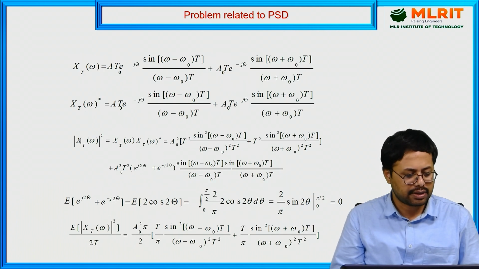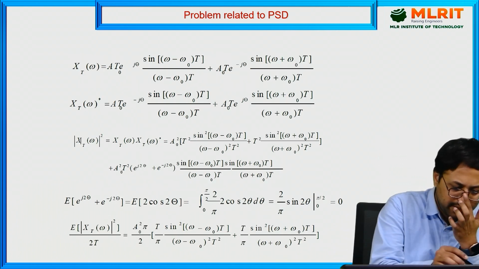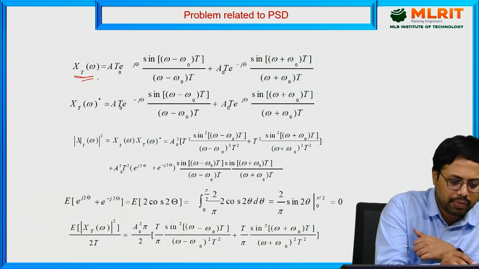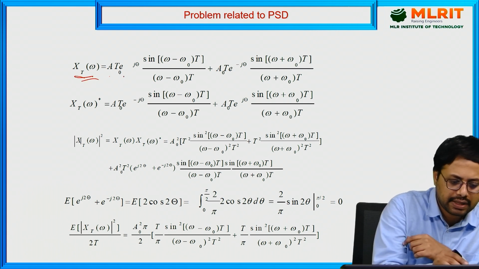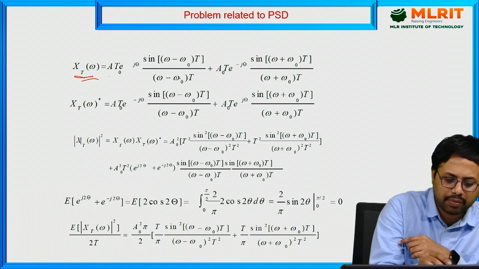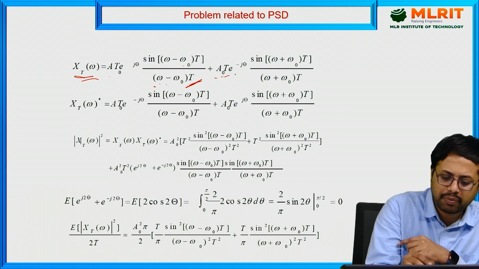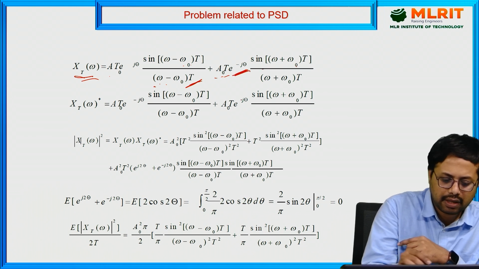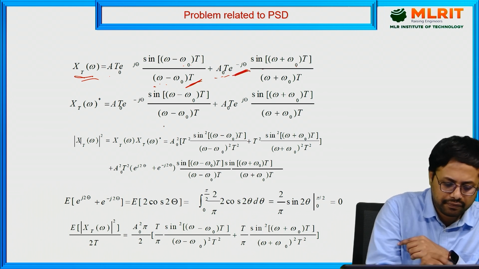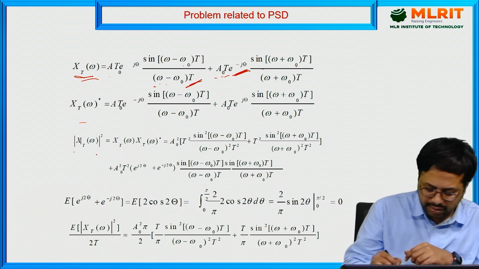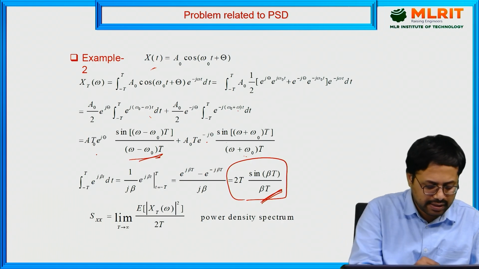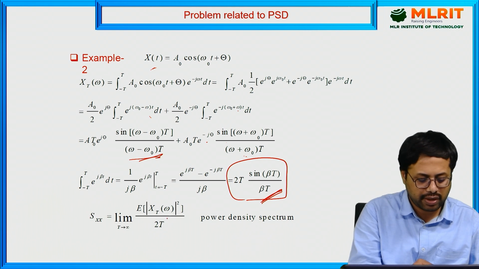Now, continuing the problem, simplify X T of omega further: A naught T e power j theta sine of omega minus omega naught T by omega minus omega naught T, plus the second term with e power minus j theta. Then we need the magnitude of X T of omega squared, divided by 2T.